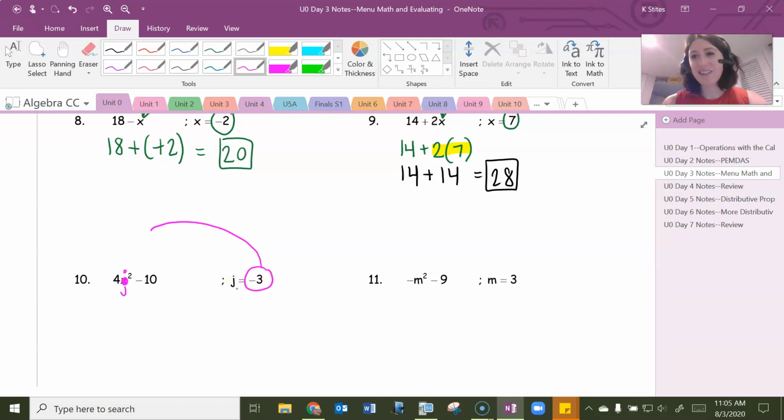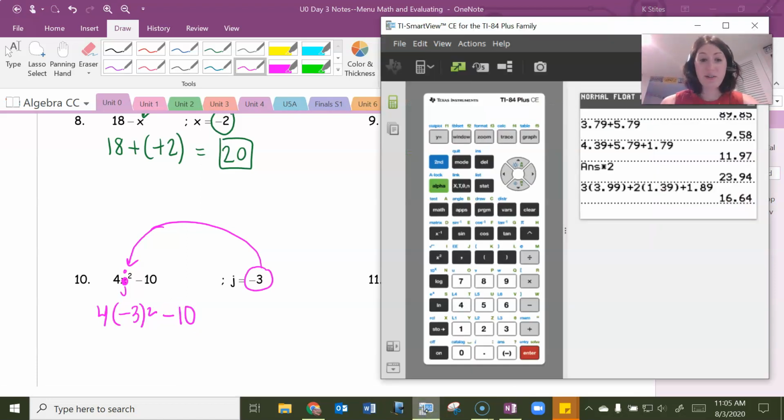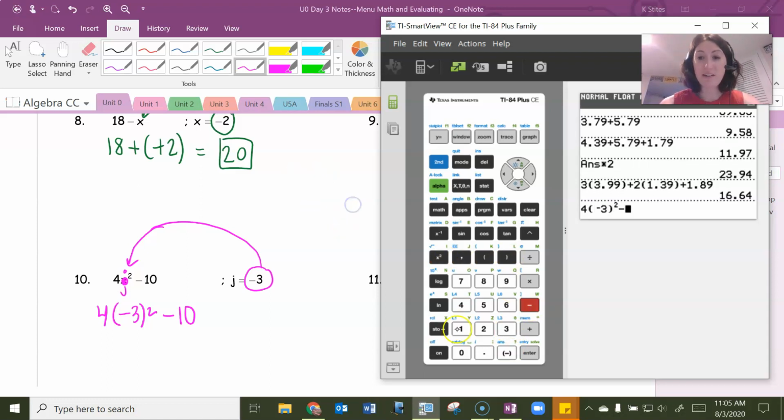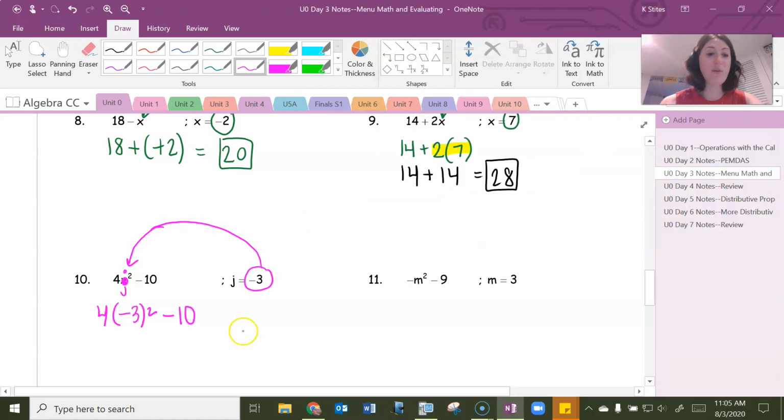Mine is just wrong, so yay. Plug it in. Make sure you have parentheses. And again, if you would like, you can just type this whole thing in. Just make sure when you type it in, you actually use the parentheses. So you should get 26.